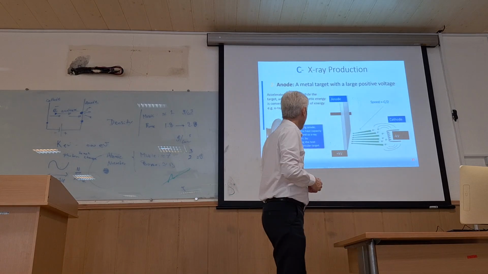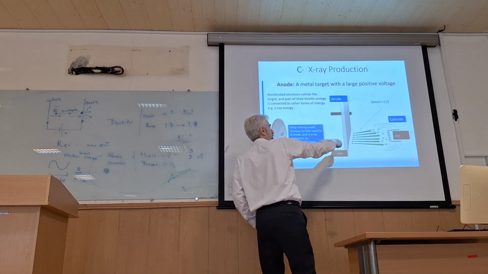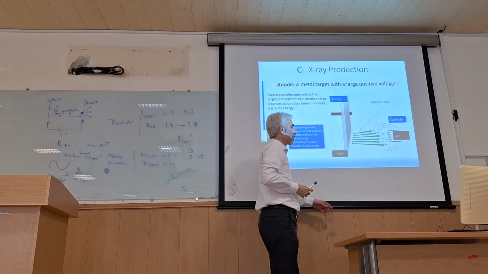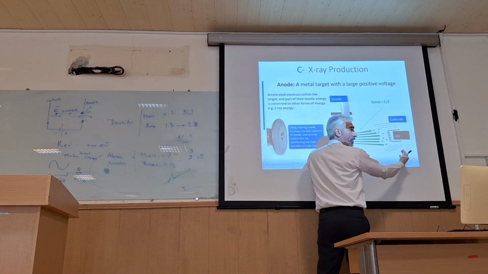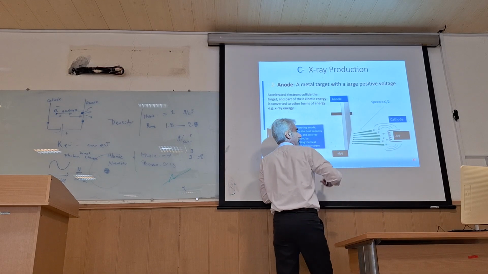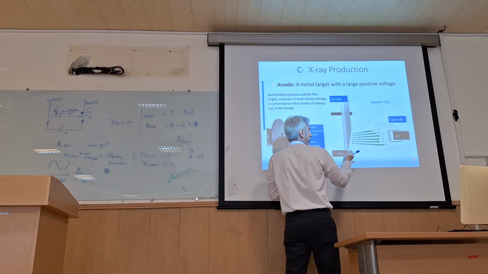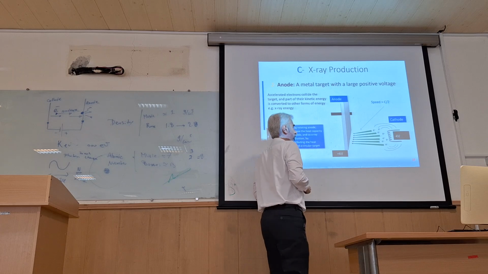What about the anode? The anode is a metal, a barrier in front of the electron. Here we have free electrons. When you apply the high voltage, the electrons start to accelerate, and when they reach the surface of the anode, they interact with or hit the anode surface.